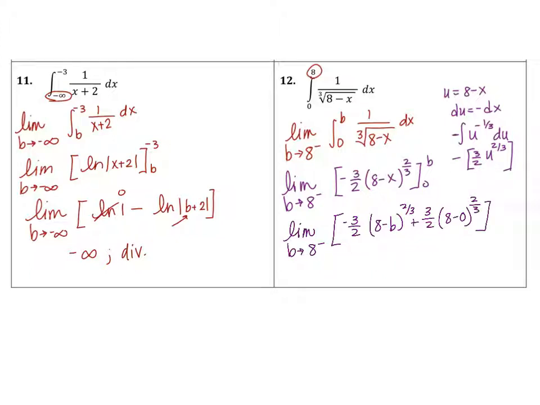And so now we're going to look at subbing in our 8, and notice here that's going to tend towards 0. So this first part is going to be 0 plus, and then we have 3/2 times, this is going to be 8 to the 2/3, which is going to be the cube root of 8 all squared. So that looks like that's going to give me 4. So this works out to be 6. So definitely this does converge.